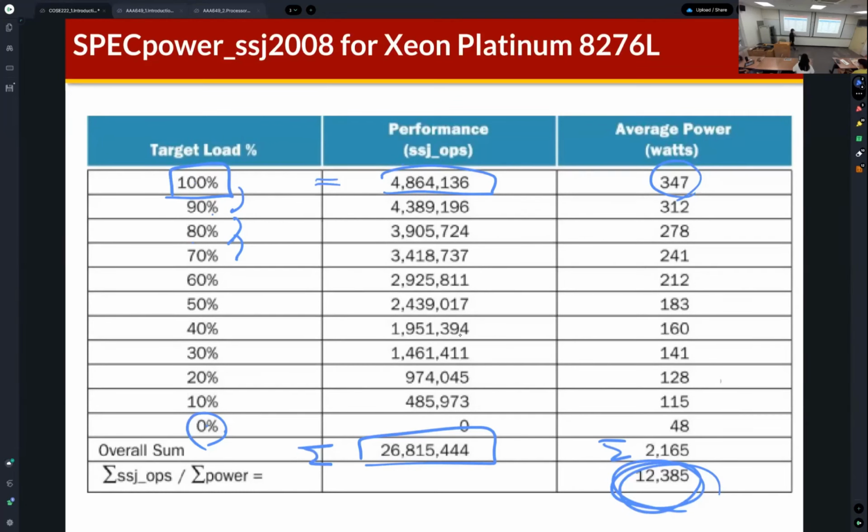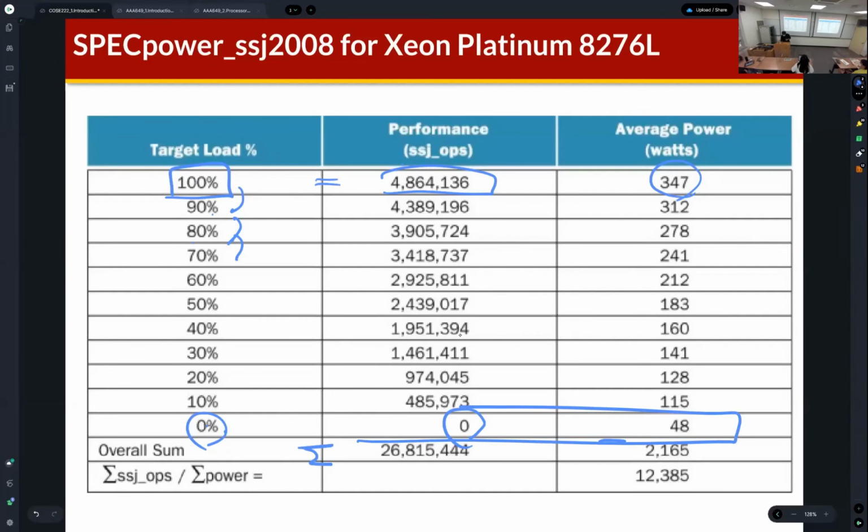Then why does SPEC power measure the power metric like this? What's the problem? That's right. But the more important issue is to just focus on this line.